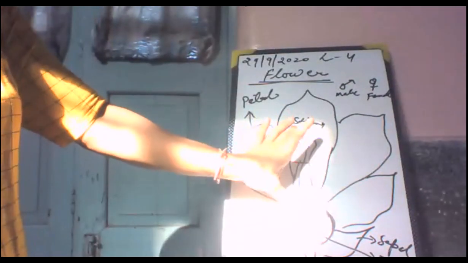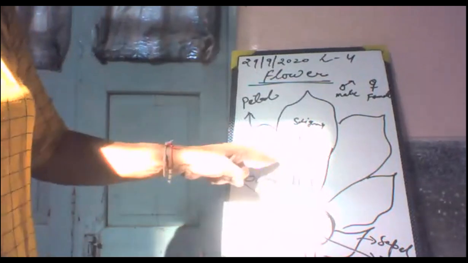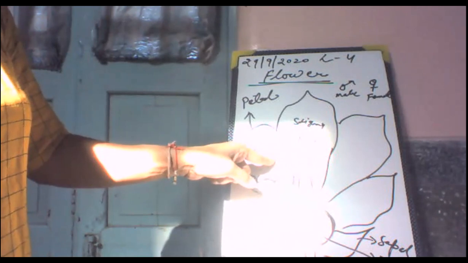This part of the flower is collectively known as the gynoecium. The carpel consists of the basal ovary, then the middle part known as the style, and the uppermost part known as the stigma.